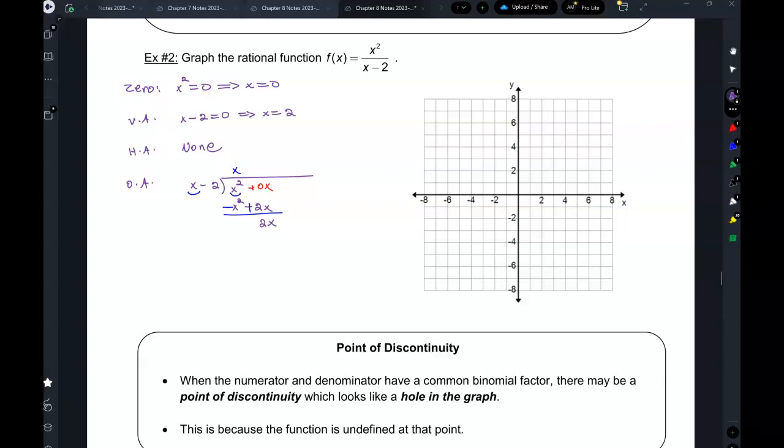So now this divided by that gives plus 2. So we get 2x minus 4. And then when I subtract this, what do I get? Negative 4. So now I throw away the remainder and I just take this. So the oblique asymptote is y equals x plus 2.